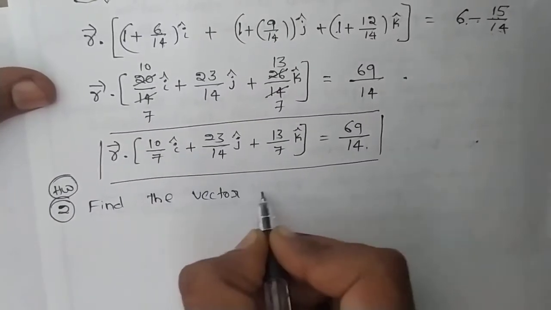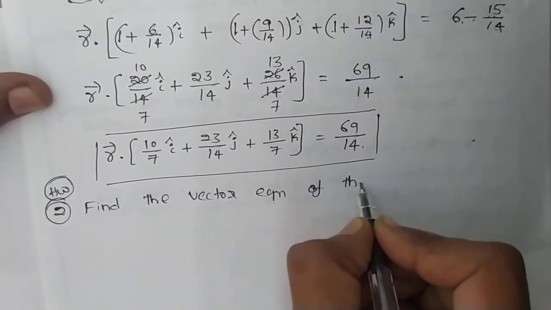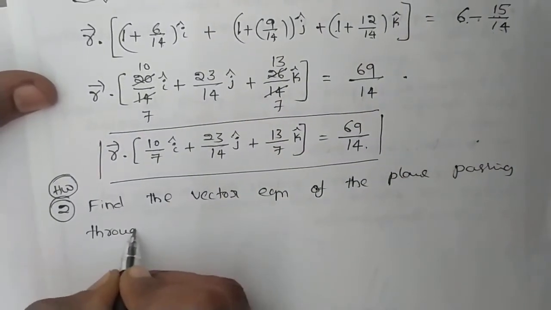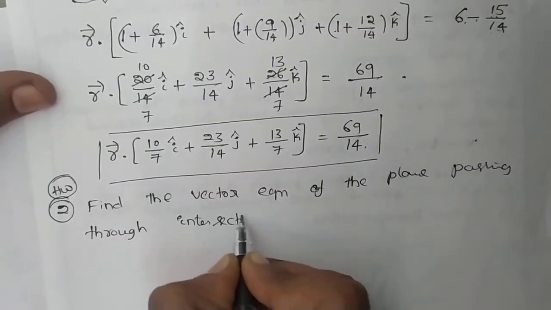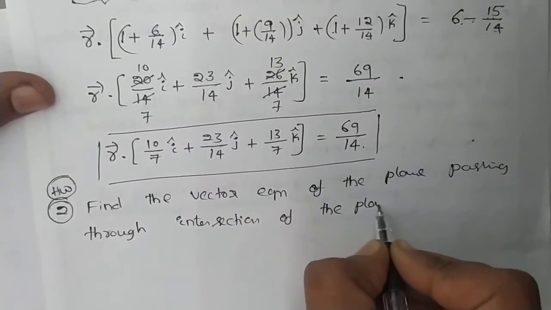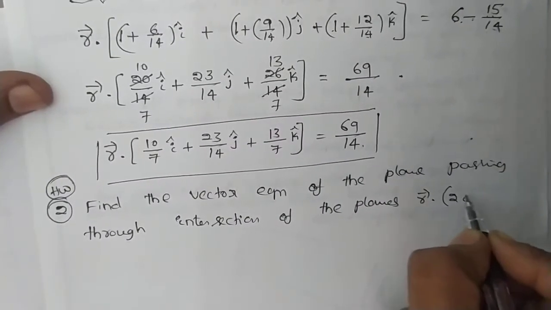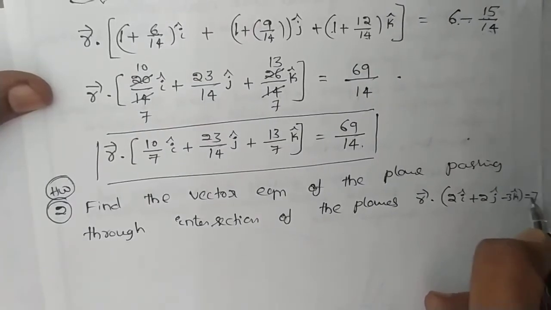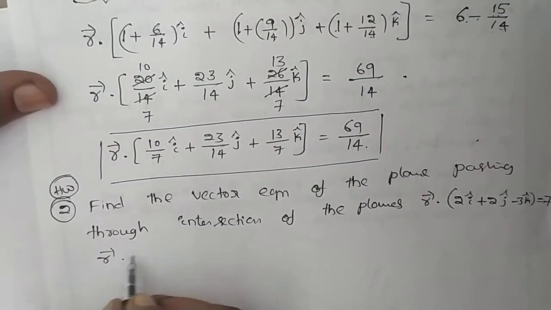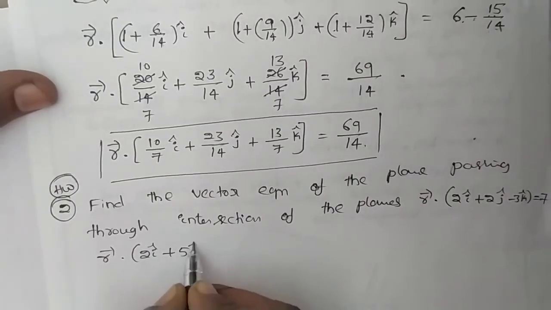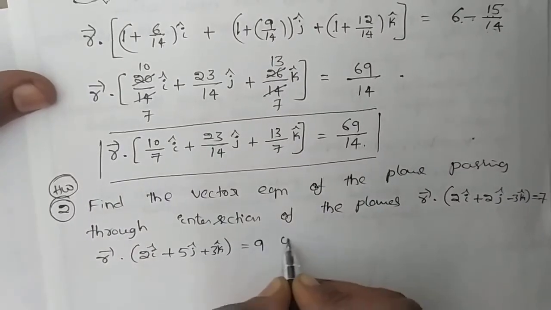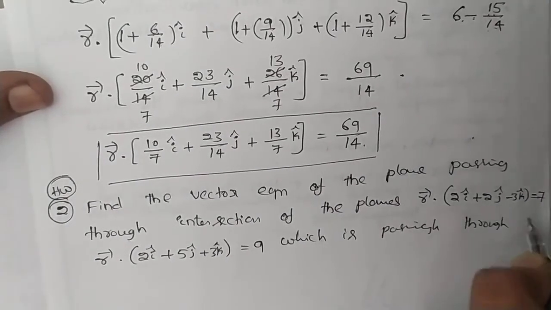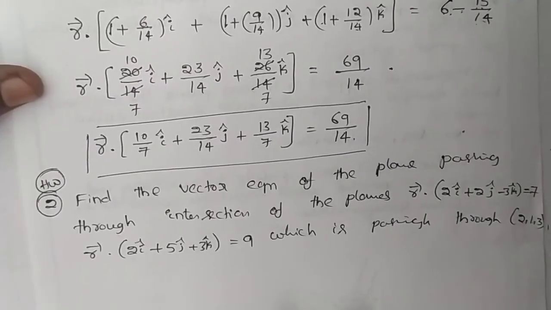Find the vector equation of the plane passing through the intersection of the planes r dot 2i plus 2j minus 3k equals 7 and r dot 2i plus 5j plus 3k equals 9, which is passing through the point 2 1 3.